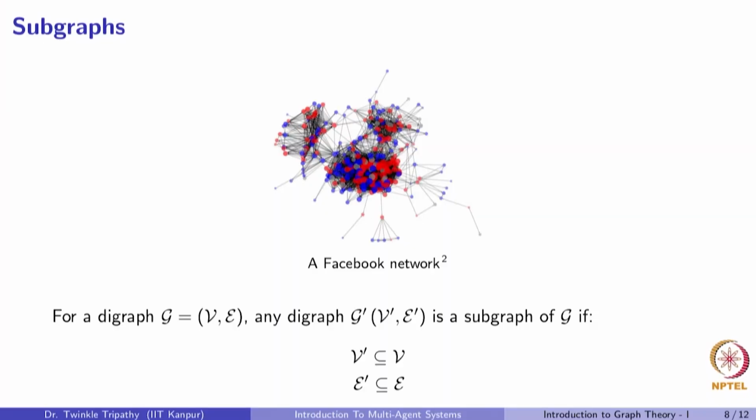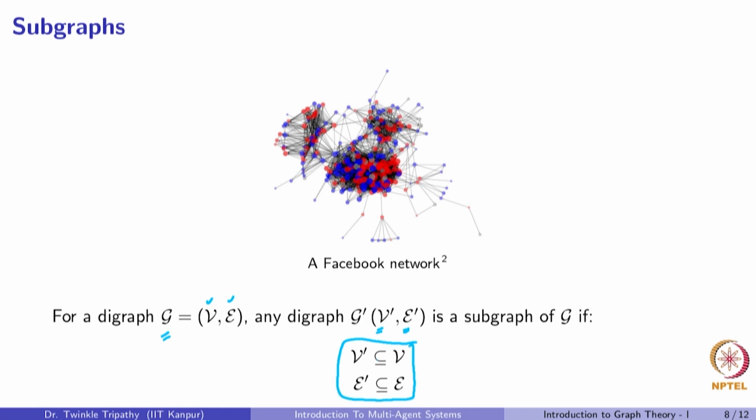Now in general, that's known as a subgraph of a graph. And formally, how do we define a subgraph? It goes like this. Let us start with a graph G, which has its own vertex set and edge set. Now any digraph G prime consisting of the vertex set V prime and E prime, it is a subgraph of the large network G only when it satisfies these conditions.